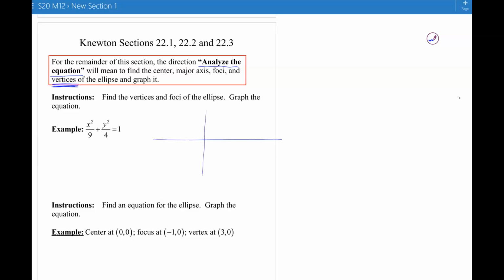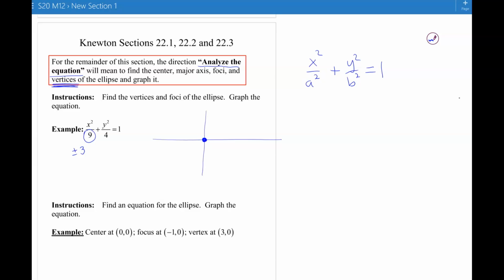So we're first looking at ellipses that are centered at the origin. And I look under the x squared term and I see 9. Well, I know in that basic equation that number under the x squared term is squared. So I know that a is plus or minus 3, and that's the distance from the center in the x direction to a point on the ellipse.